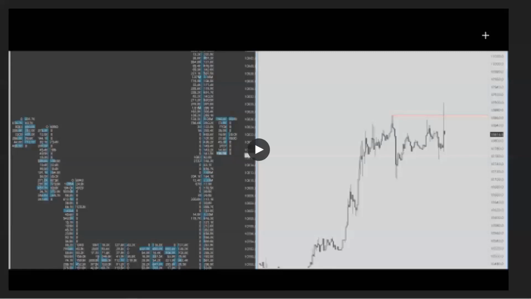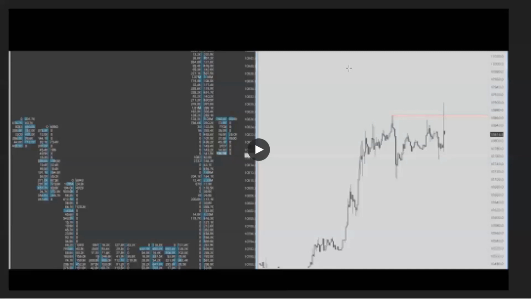And I think for some of you, and even for me too sometimes, even after all this time, this might be in the back of your mind: what if this level doesn't hold? With the footprint, you can see, yes, for sure there's liquidity there. So in this sense, it's a kind of confirmation. So I'm interested in the presence of liquidity, but more specifically, and this is really where the footprint comes into its own, I'm also interested in how and at what pace buyers and sellers are interacting with that liquidity.